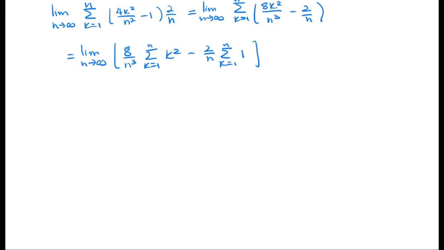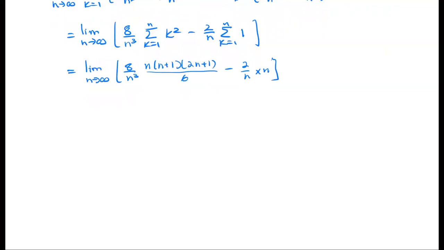So by calculating this value, we would use the summation formulas. So limit as n approaches infinity. So for the first one, we have 8 divided by n cubed, multiplied by n times n plus 1 times 2n plus 1, divided by 6, minus 2 over n times n.